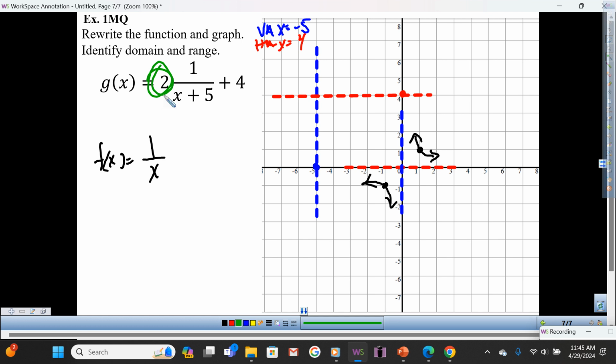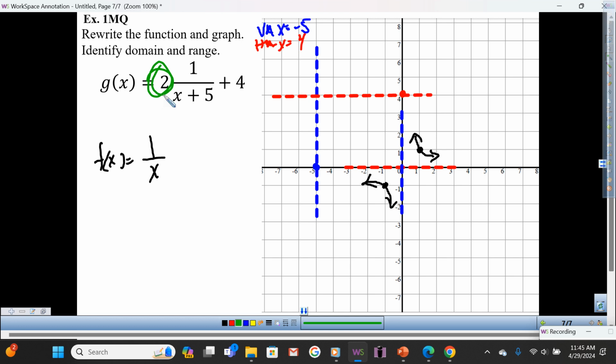Yes, it multiplies. Yes, that's true. But what does it do in regards to the transformation? We said it at the beginning. It stretches. That is correct.